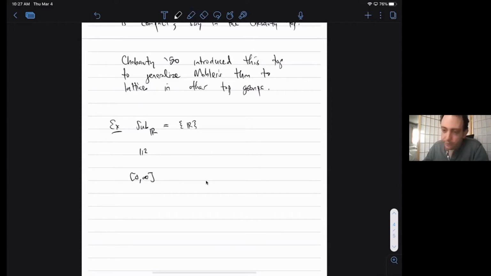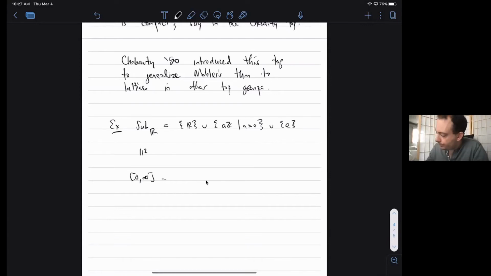There's R itself. Then there's aZ, where a is greater than 0. And then there's just the identity.